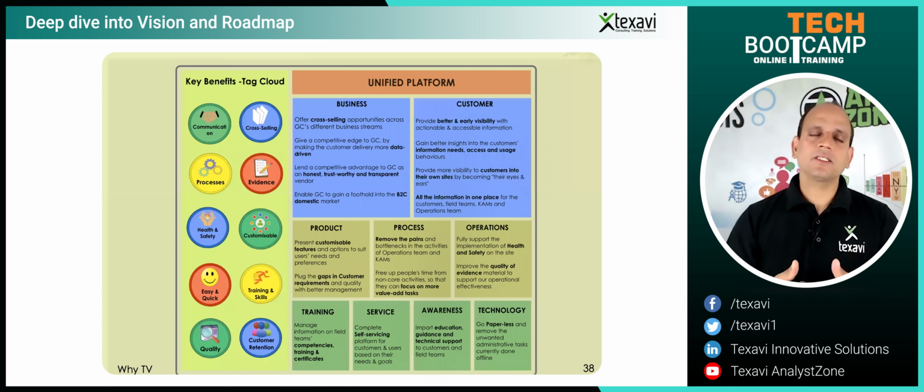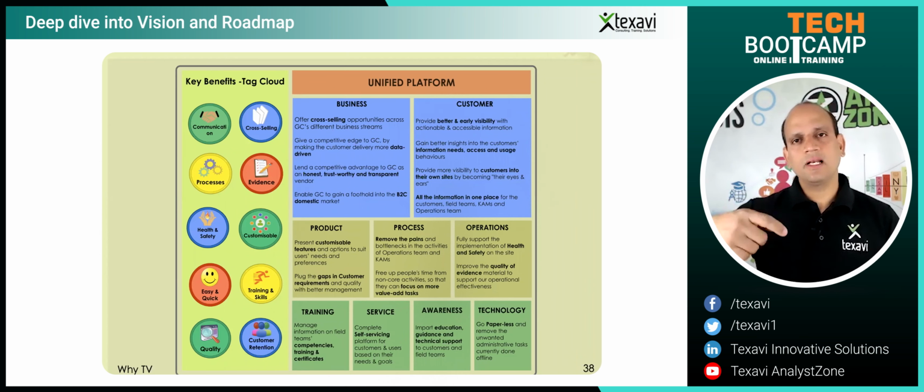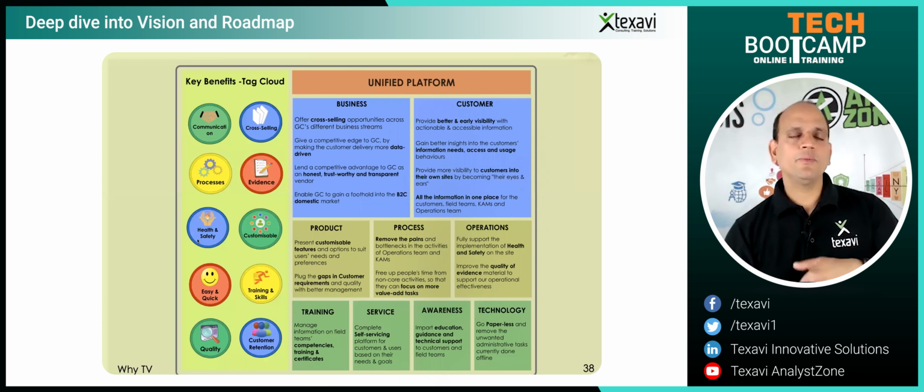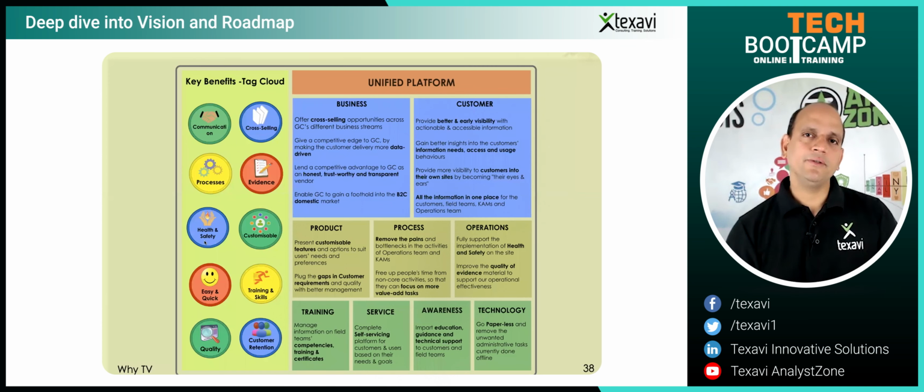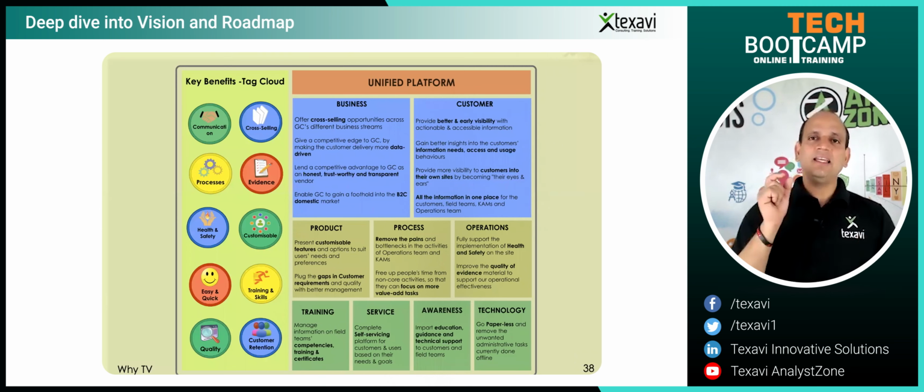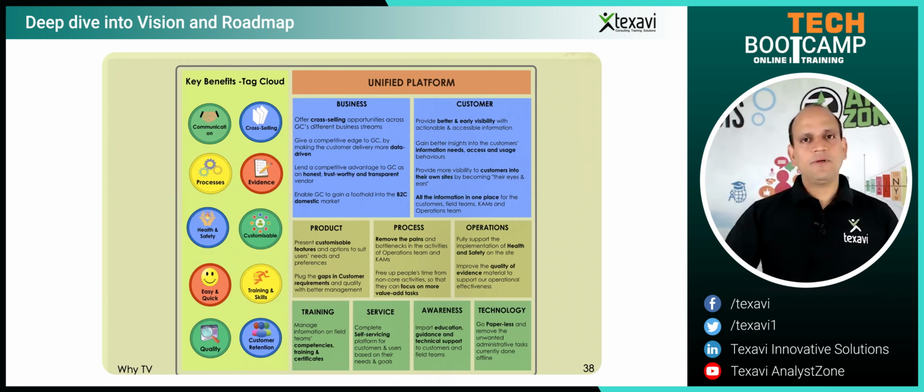You need to pass some tests and go through some training to be able to use heavy equipment. Climbing up to some heights also needs certification. The field teams will be able to use the platform to upload their certifications, so you're only assigning the right skilled people to do the particular job within the worksheet. So it's all about health and safety.